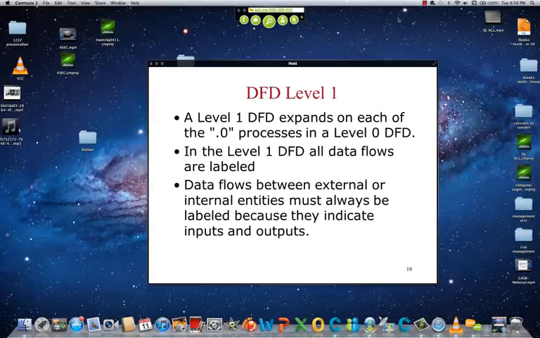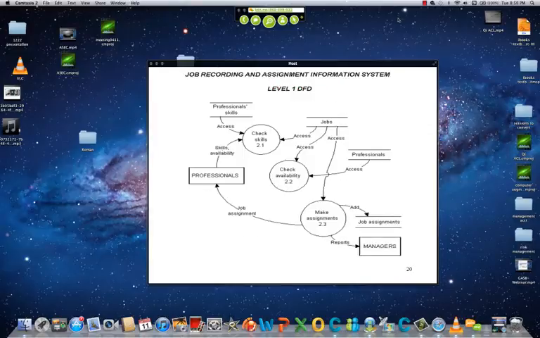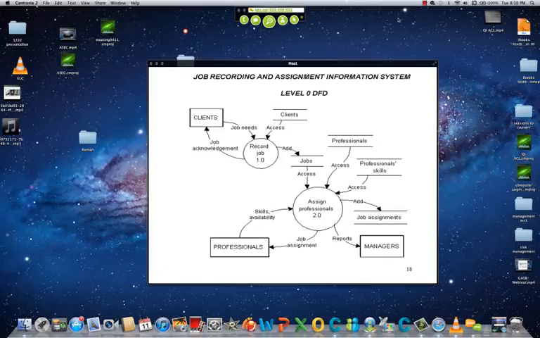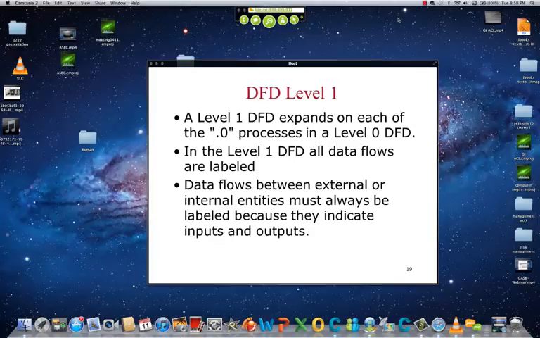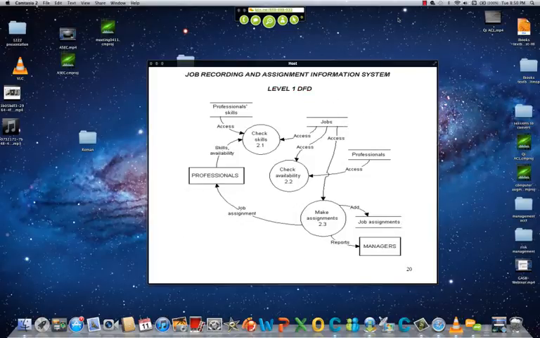For example, let's look at this assign professionals process. Level 1 DFD is when you look inside, what's happening there. Let's look in more detail into this assign professionals process. So here's the level 1 DFD for assign professionals.